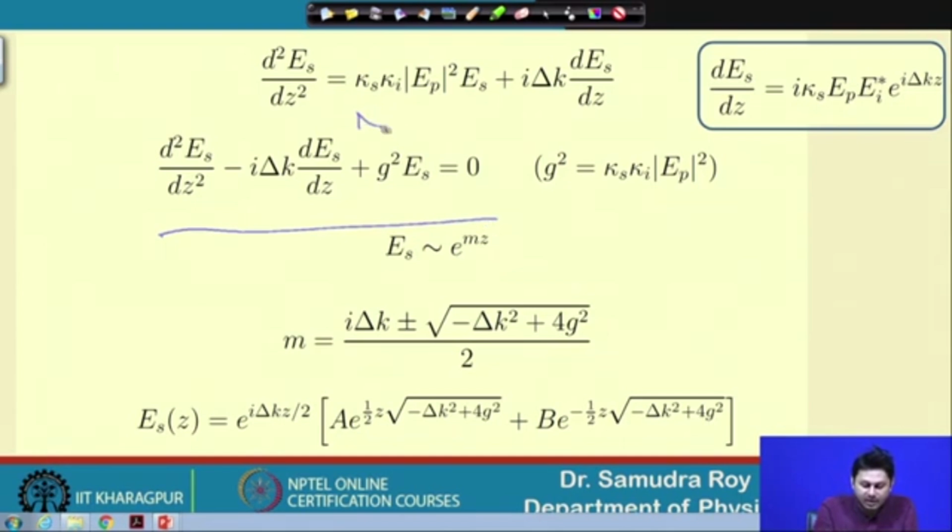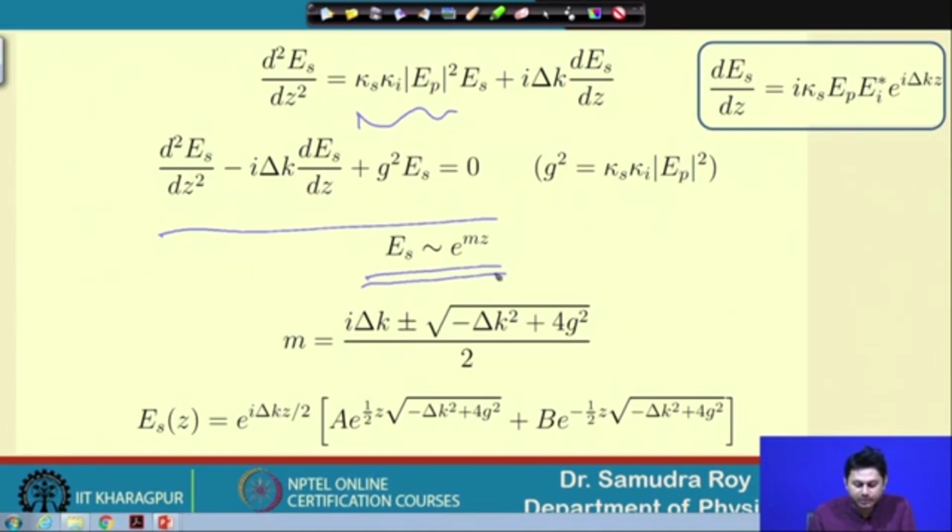This term is replaced by g squared. So this is the differential equation we have, a standard second order differential equation having a first order differential term. When we have this kind of equation, it is a homogeneous equation, we do not have any source term here, so life is easy. We just try to find a solution of the form e to the power m z.